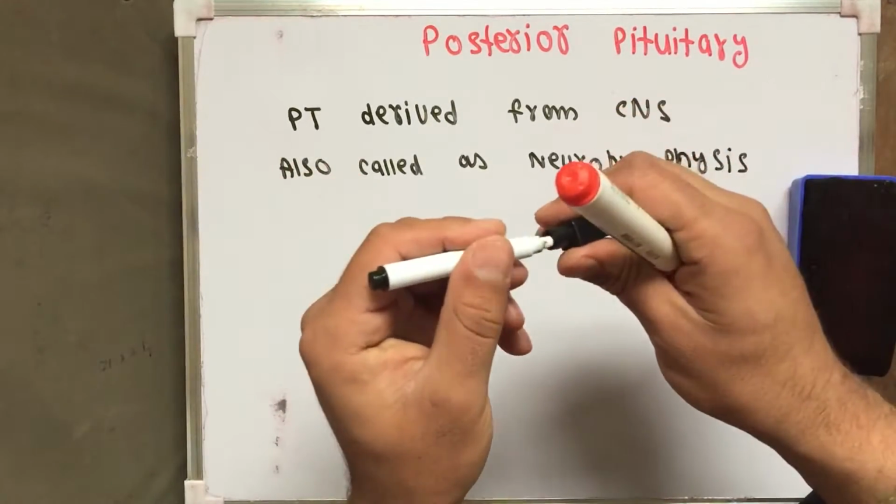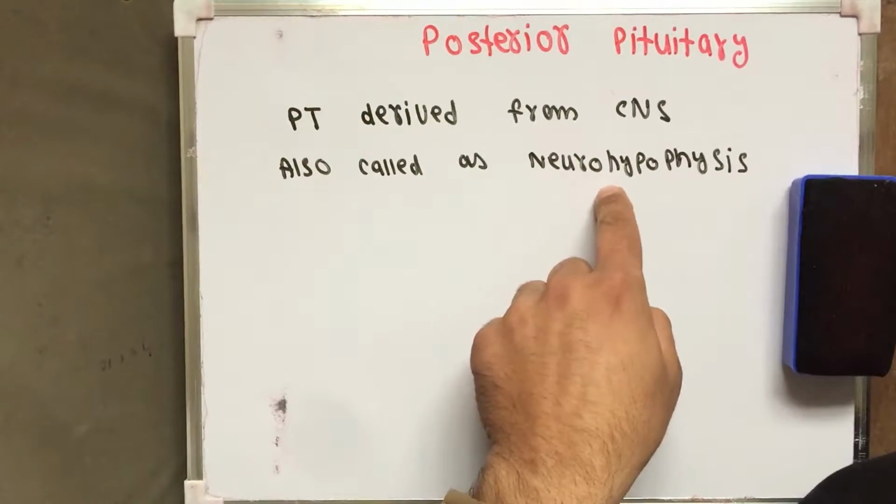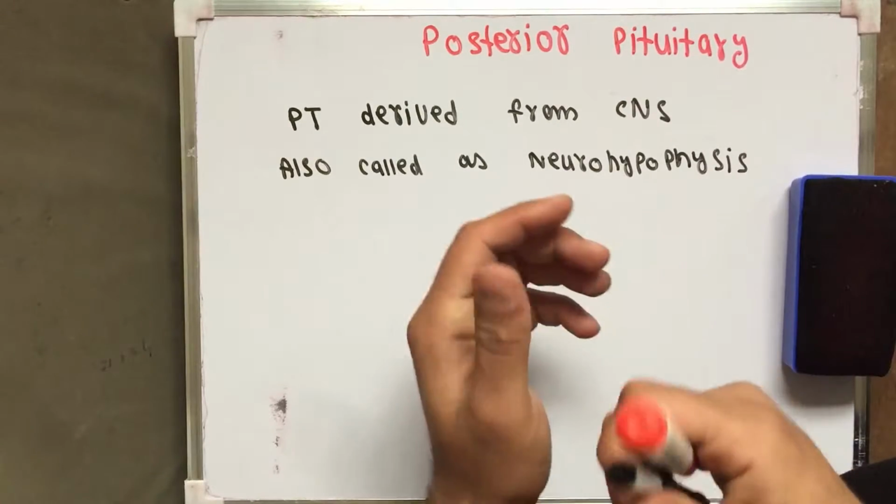So it is derived from the central nervous system, that's why it is also called a neurohypophysis. This is the second name for the posterior pituitary.